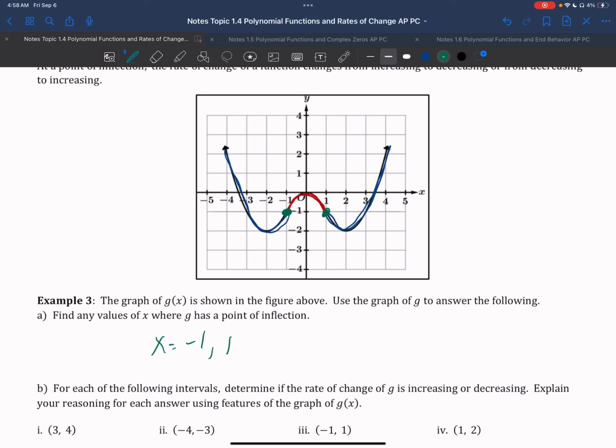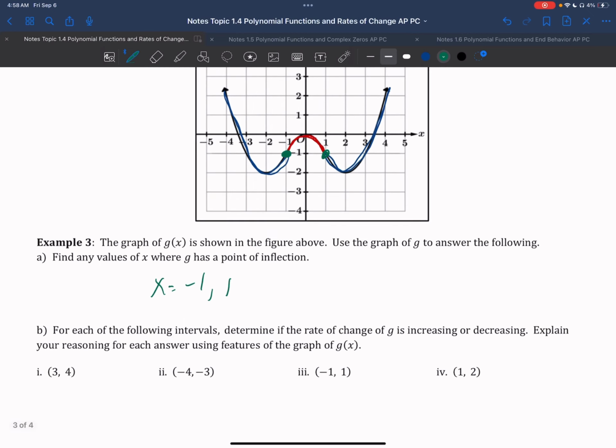For part B, they want you to look at the intervals and then determine if the rate of change is increasing or decreasing, and then they want you to explain your answer using features from the graph. So from 3 to 4, I'm going to highlight it here very quickly.